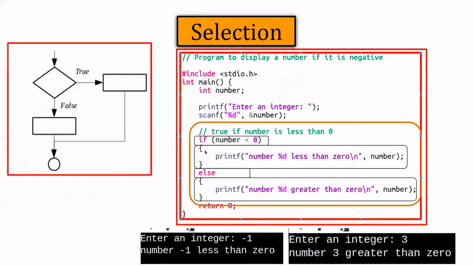Here one more thing: in the earlier one, after the if I typed an open bracket and a close bracket. It actually begins the if block and the else block. Here also there is an open bracket and a close bracket.